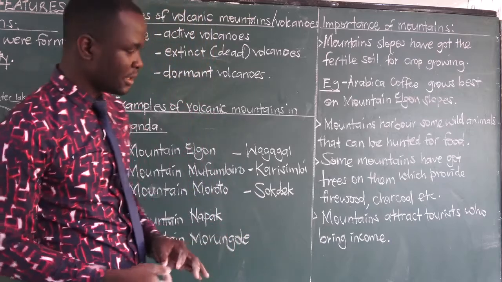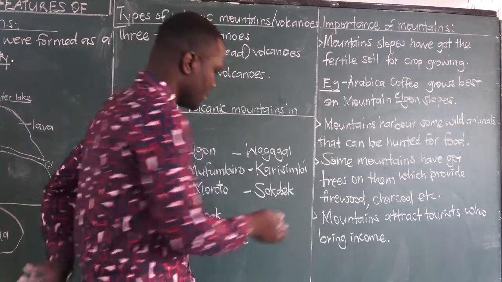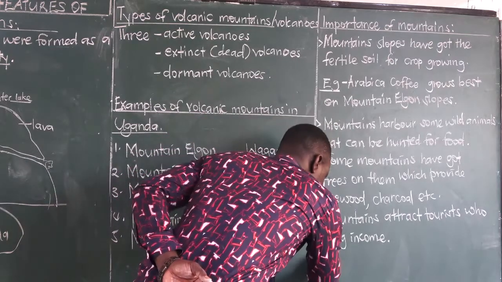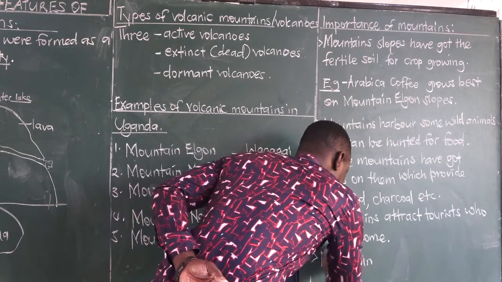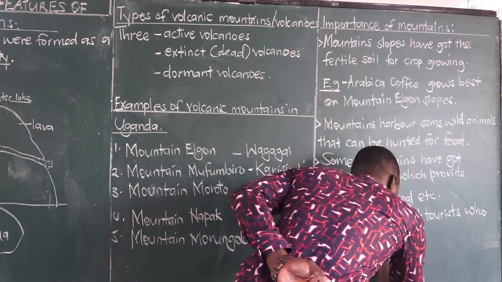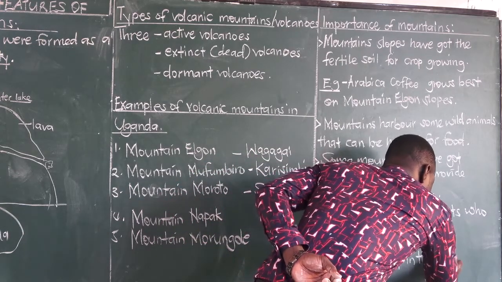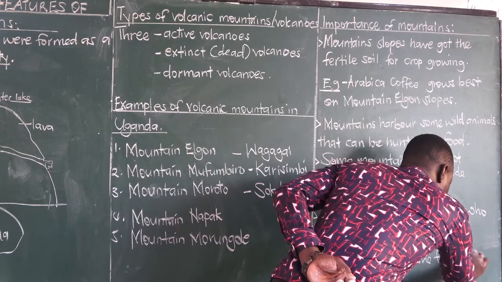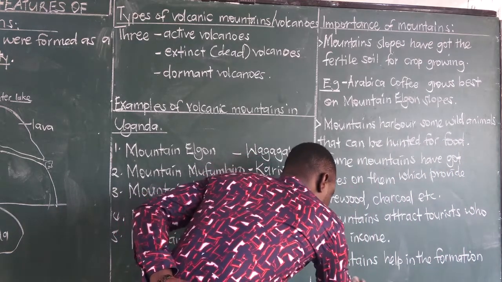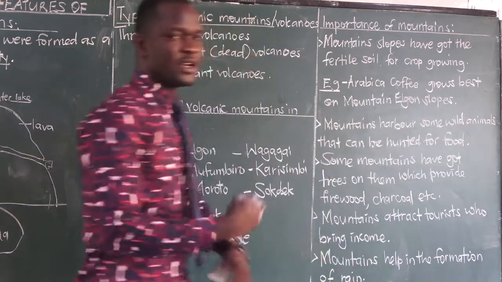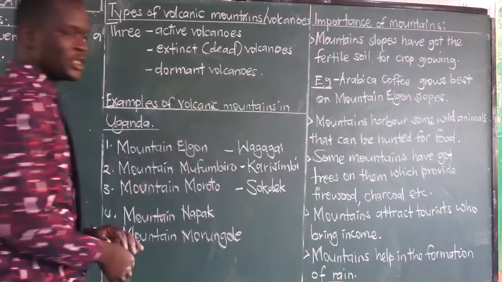And then lastly, for now, mountains help in modifying the climate of an area. When we talk about modifying the climate, we simply mean through rain formation.